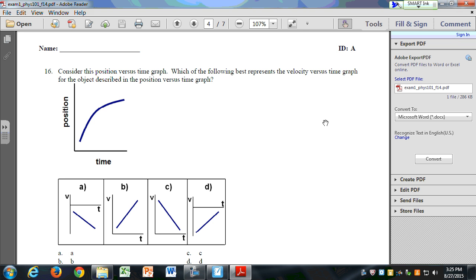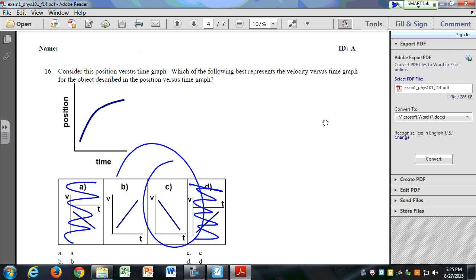So it's decreasing, and then is it positive or negative? Positive. So I have a positive slope that is decreasing. Now just the fact that it's positive gets rid of two answers. Which are those? All right, I get rid of these. And then the fact that it's decreasing tells me that the answer is C. All right? Does that help a little bit, Rhea? You want to ask, what is the slope doing?